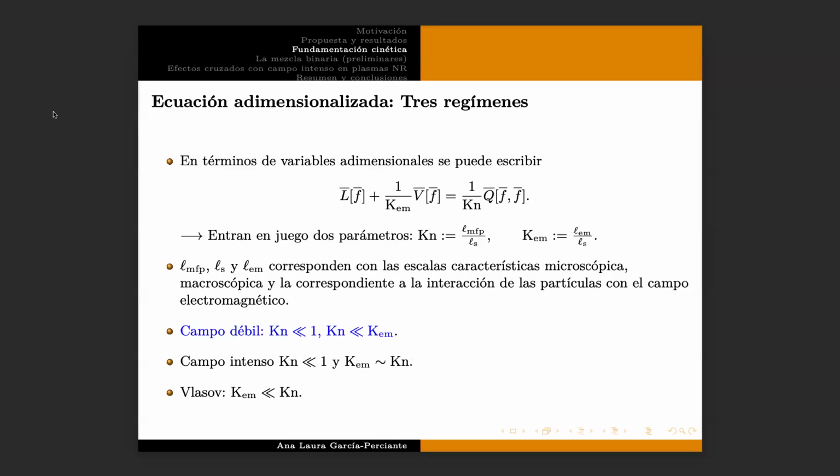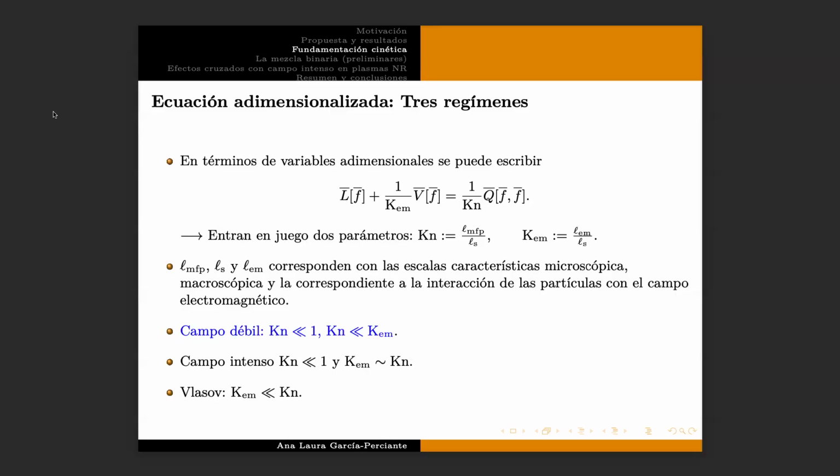You need to be able to see at least one unit of gradient within the system. If not, it doesn't make any sense. And this other one is the characteristic electromagnetic scale, also compared with the size of the system. This is going to be thought of as the Larmor radius, for example, if you have a magnetic field. So these two parameters are the ratios of the length between collisions and the radius of an orbit around a magnetic field.